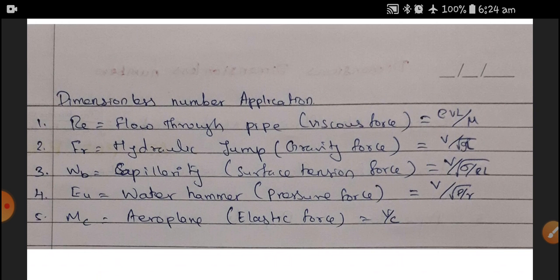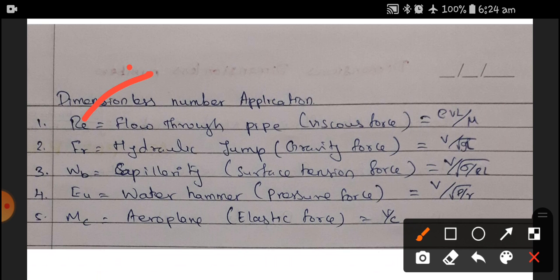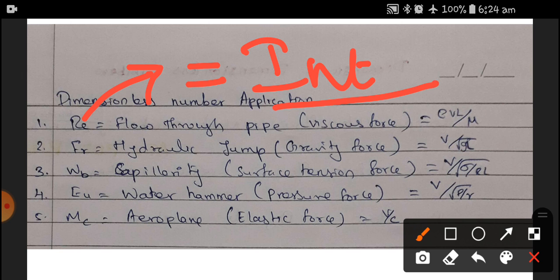The first one is the Reynolds number. Reynolds number is the ratio of inertia force to viscous force.